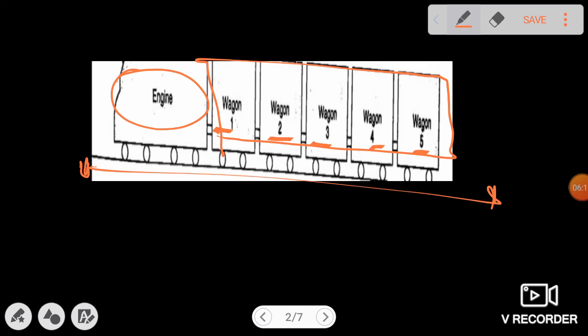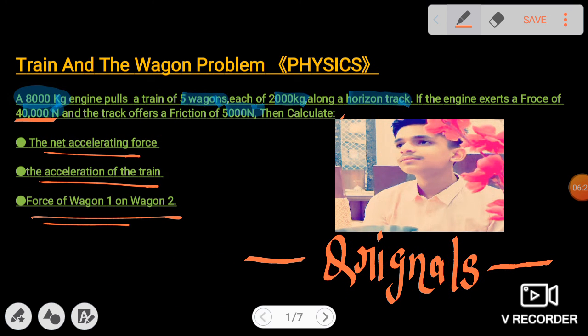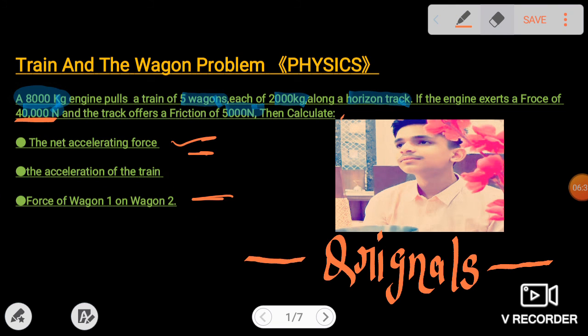That makes it logical, because it was asking for the force of wagon 1 on wagon 2. So how will we calculate? First we calculate this, after that we get a value of one thing, put it into the next, and then we find the third also. So one by one we can find all 3 of them. So it is easy, right?